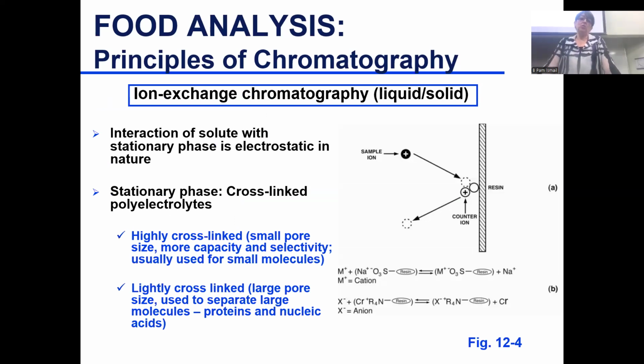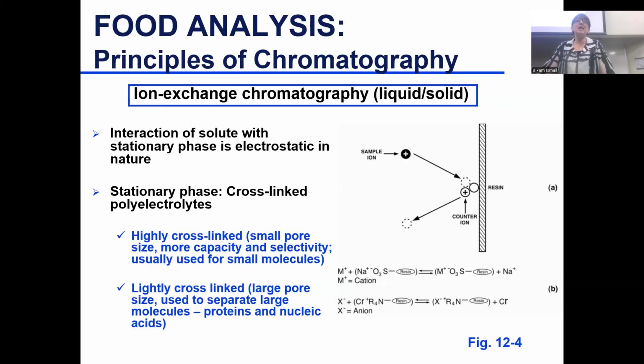Ion exchange chromatography, which is the most complex among all of the forms we talked about. So it's another form of adsorption chromatography, but it's a specific adsorption chromatography. It's based on ion interaction or ionic interaction.